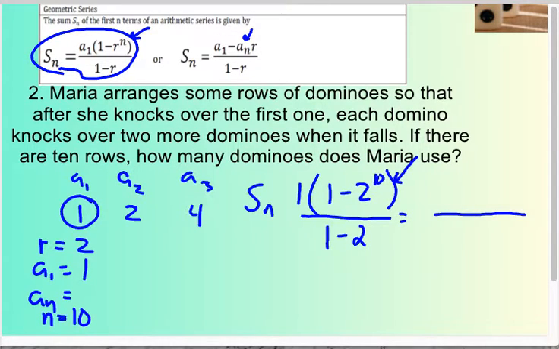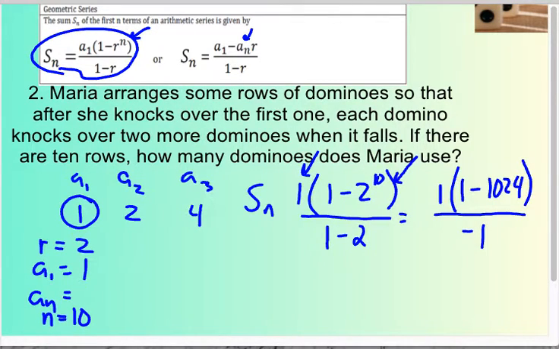So I think the first thing I would do is probably work your way out here. You can do the bottom, that's just going to be -1, so whatever our answer is, it's going to be divided by -1. I'm not going to get rid of this 1 yet. I know our answer is just going to be what's in the parentheses, but just to show you how things work, it's 1 minus 2 to the 10th. 2 to the 10th is 1,024.